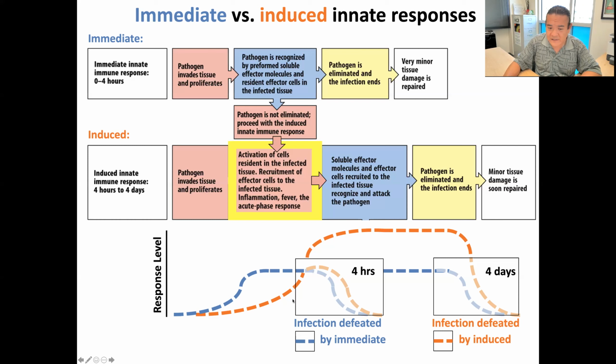But the point here is, even though neutrophils start coming in, because your immediate response was able to take care of this after, let's say, 4 hours arbitrarily, that response, the orange line, also then tapers off, because that's the end of cytokine messages coming out.